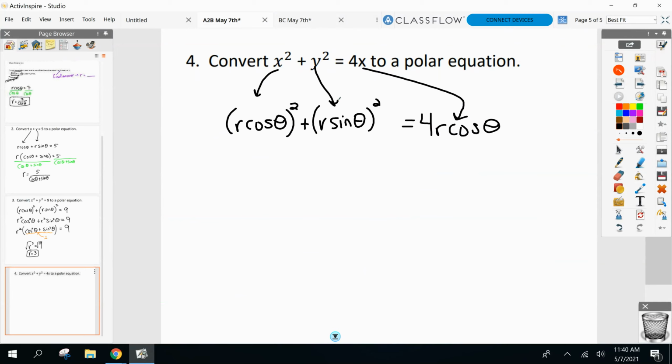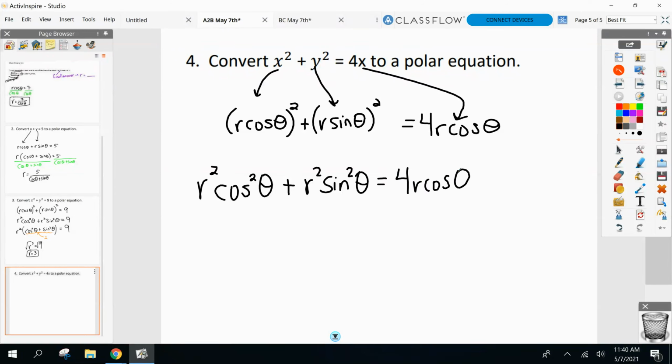Anytime we're squaring outside the parentheses, we square everything inside. So we got r squared cosine squared theta plus r squared sine squared theta. Nothing yet on the other side. And if you're thinking this problem looks very familiar from the last one, you're correct. But there is an r on the other side now. So eventually we're going to have to deal with that.